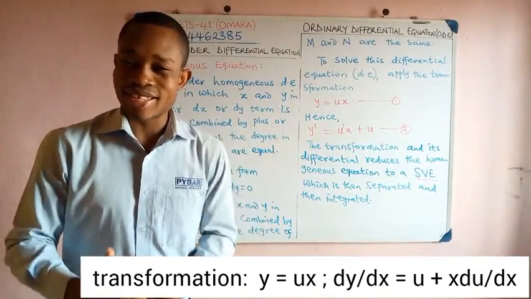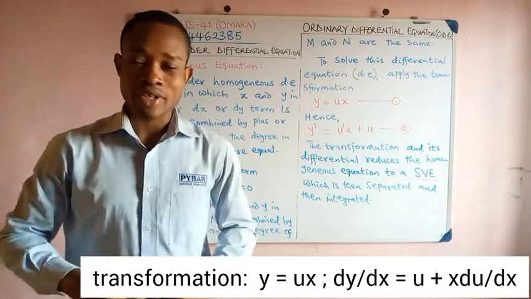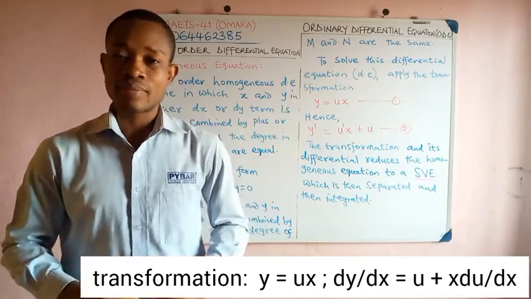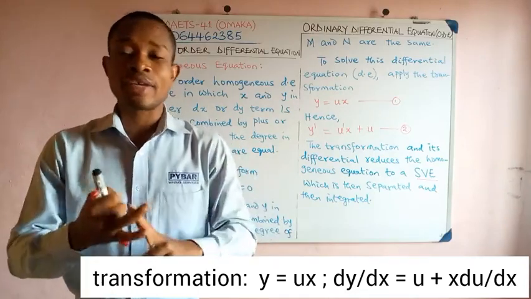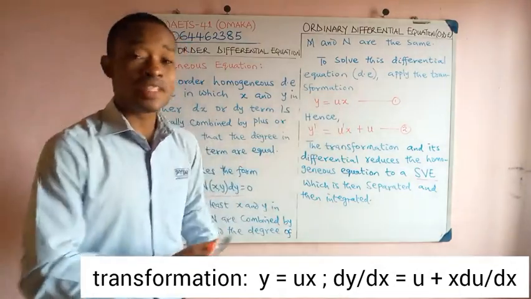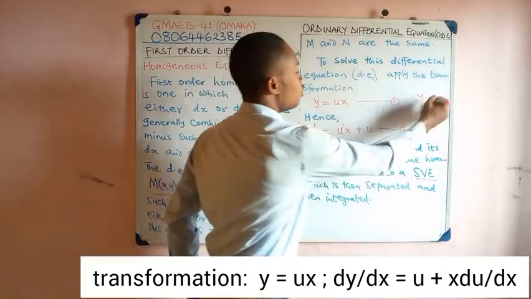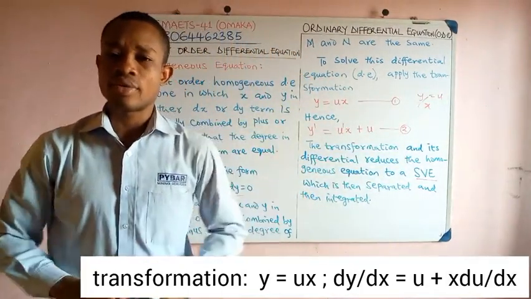And once it reduces it to that separable variable equation, you now use the knowledge of our separable variable equation to solve. Separate the variables and then integrate. At the end of everything, remember that your result must be in terms of x and y. So in your final result, wherever you see u, you have to replace that u with y over x, because you know that from here, u will be equal to y over x. And that's just your result.